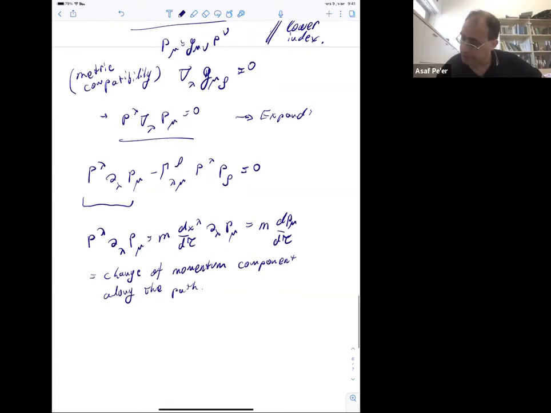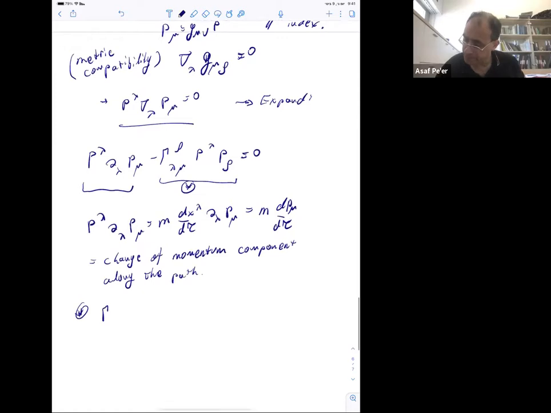Now for the second term, we have gamma rho lambda mu p lambda p rho.